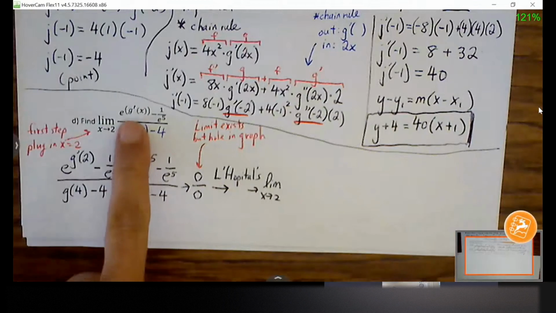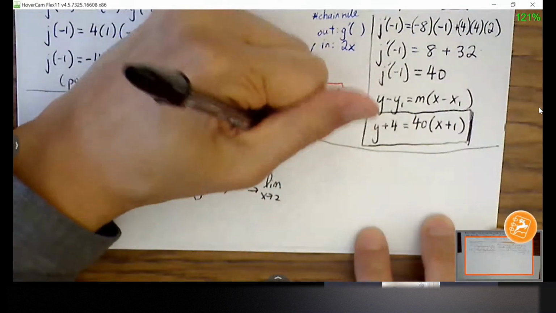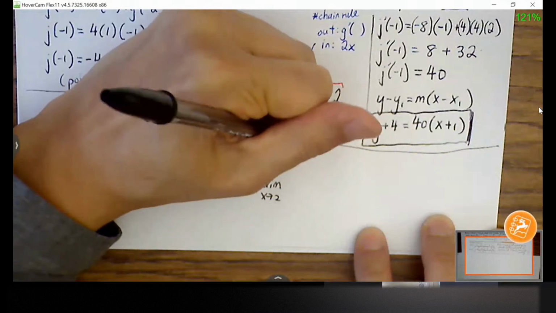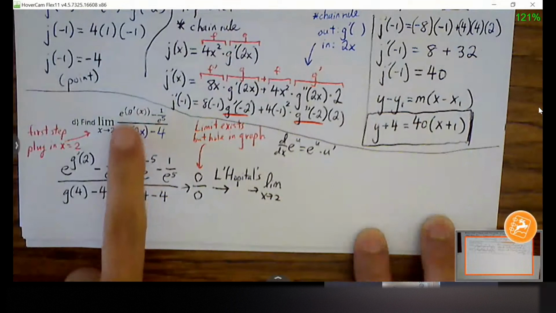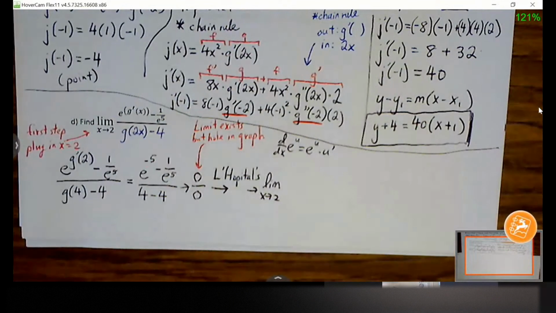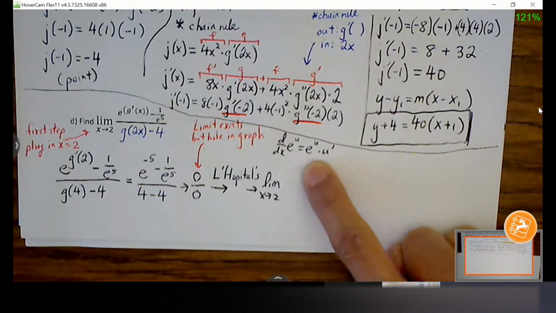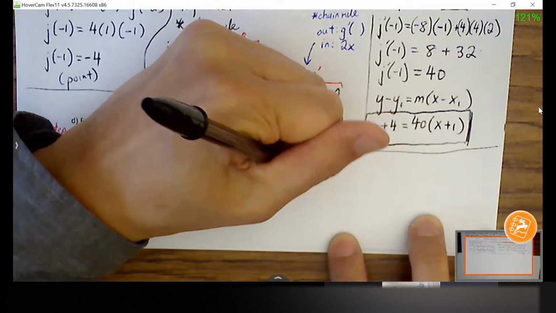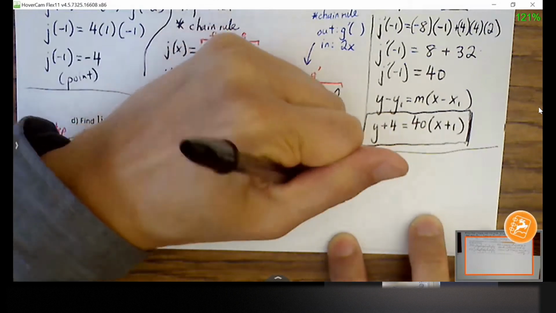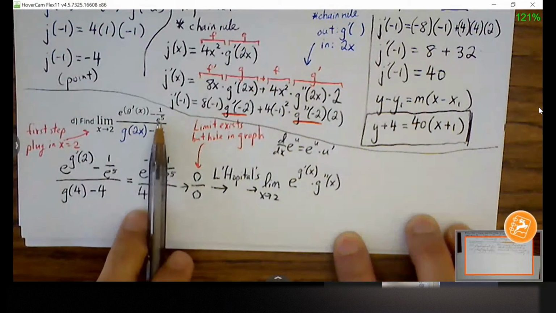So we need to take the time to find each of these derivatives. As a reminder, the derivative of e to the u is e to the u times u prime. So what do you think the derivative of e to the g prime is going to be? E to the g prime times g double prime. Good. We're just following what the rule says. What does this become?